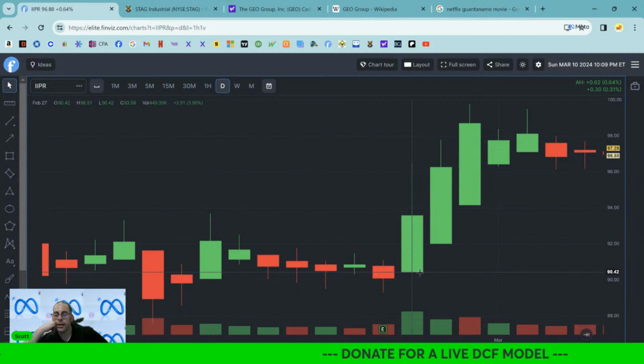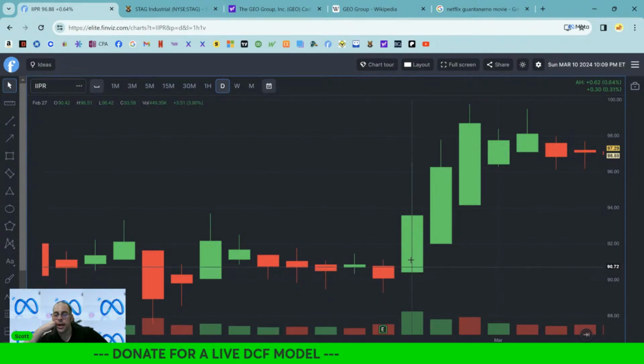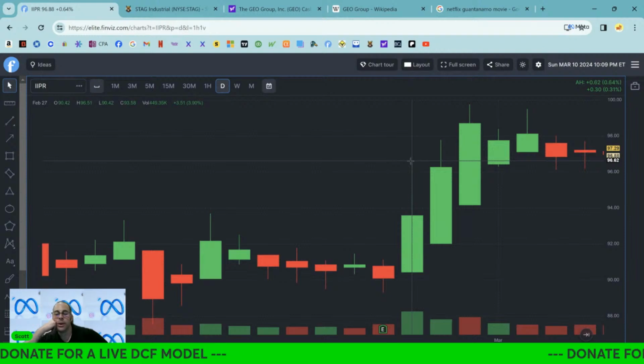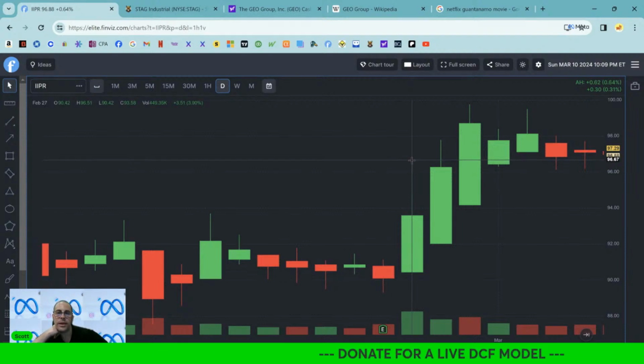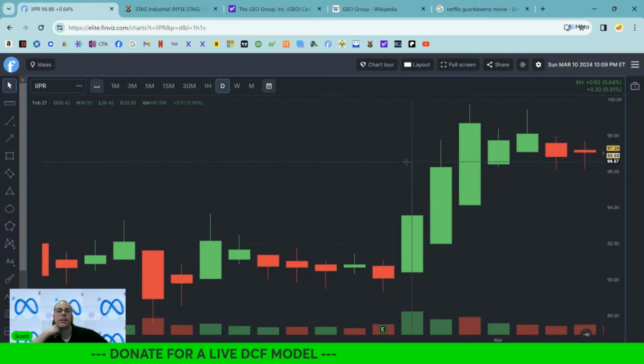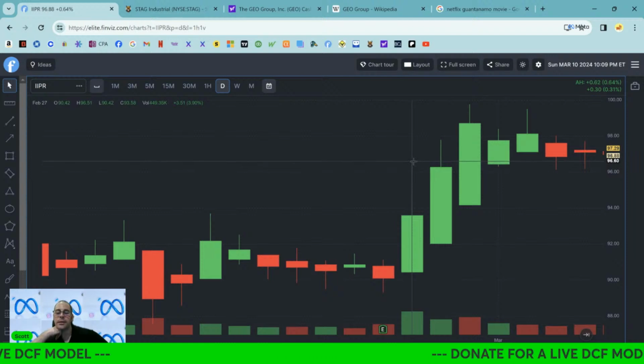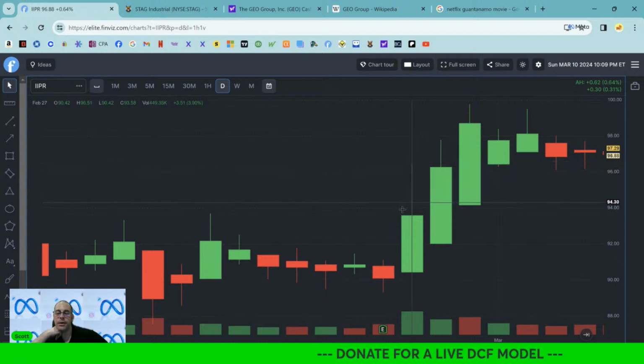So it opened down here. And then sometime midday, I don't know what time, it might have been right before the close or right after the open, but sometime throughout the trading day, the stock got really high, but the bears managed to push it down to this point.